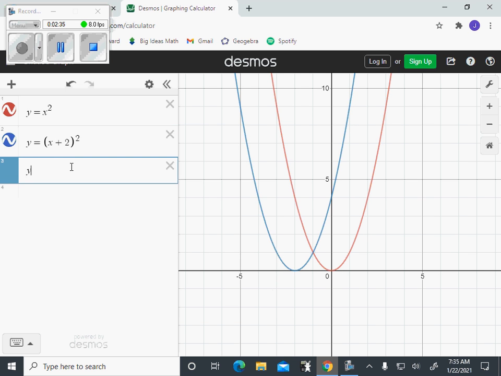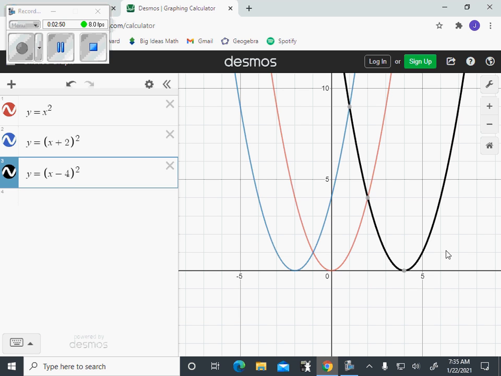Okay, so for example, y equals x minus, let's say 4, and I'm going to square that. Where's our vertex going to move? It's going to move over here to 4, 0. There's our vertex. It goes over to the right 4. One more.